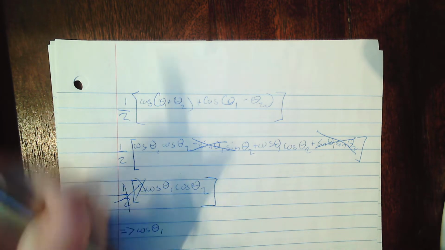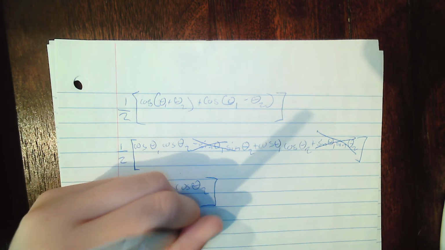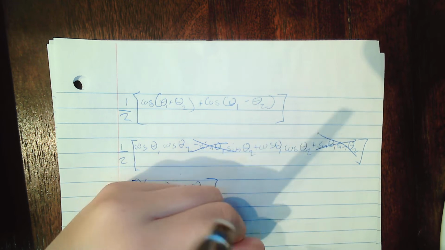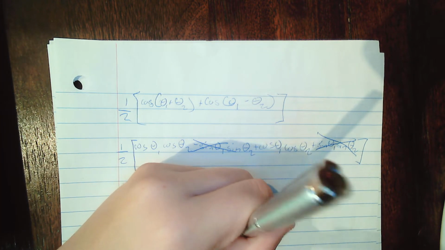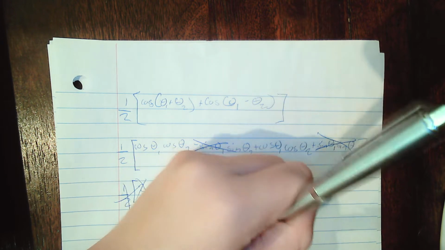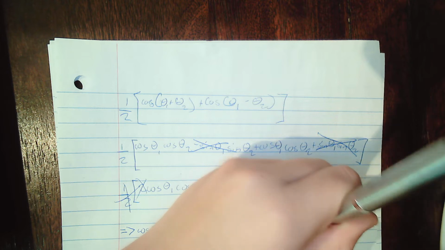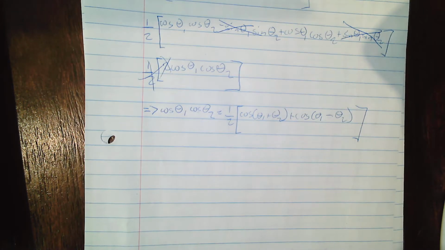My bad. Cosine of theta 1, cosine of theta 2 is equal to 1/2 of the beginning. So cosine of theta 1 plus theta 2 plus the cosine of theta 1 minus theta 2. That's our solution.